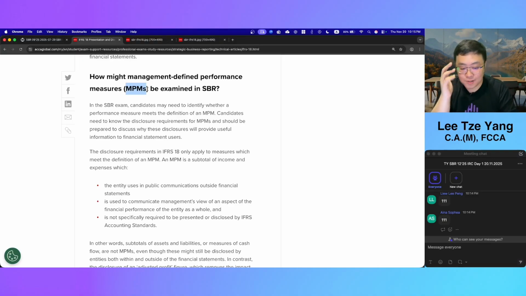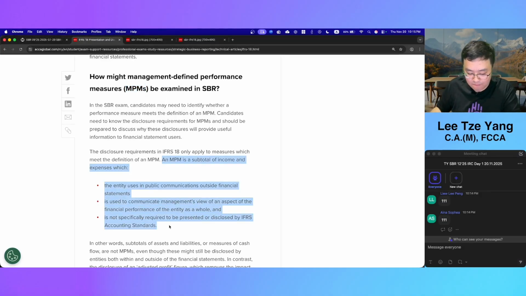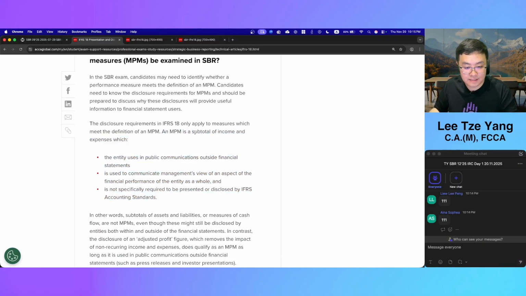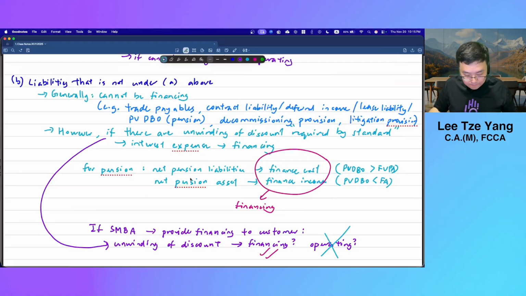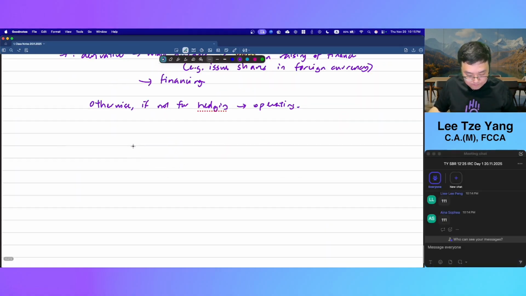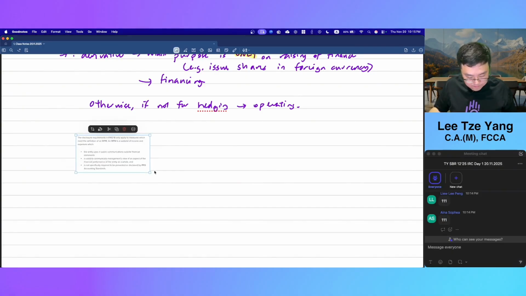Okay, first thing first, you need to know what MPM is. This is the definition. Make sure you remember this definition. MPM is a subtotal of income and expense. Okay, wait, I screenshot this because I want to annotate it.